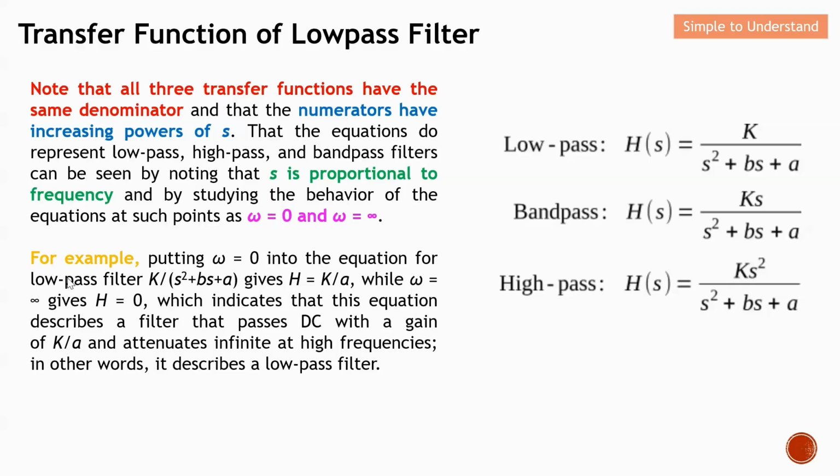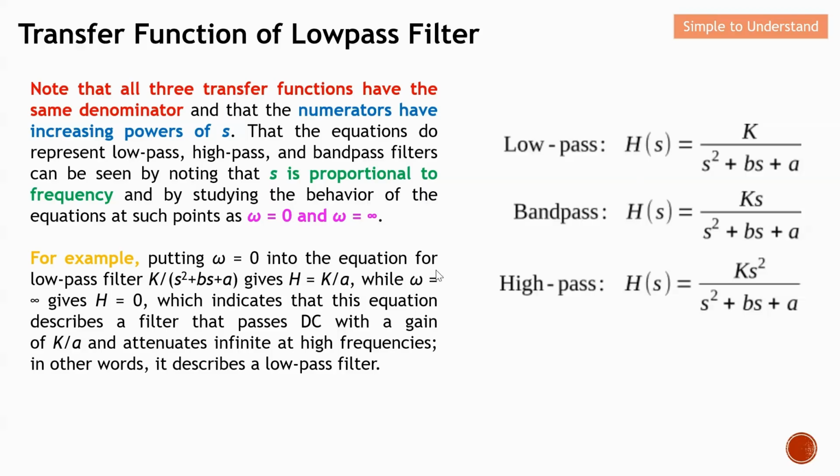So let's say, for example, when we put omega equals 0, which is low frequency, into the equation of this low pass filter, you put 0 here and 0 here. So the transfer function will be equal to K over A, as mentioned over here, which means that you still have something at the low frequency.